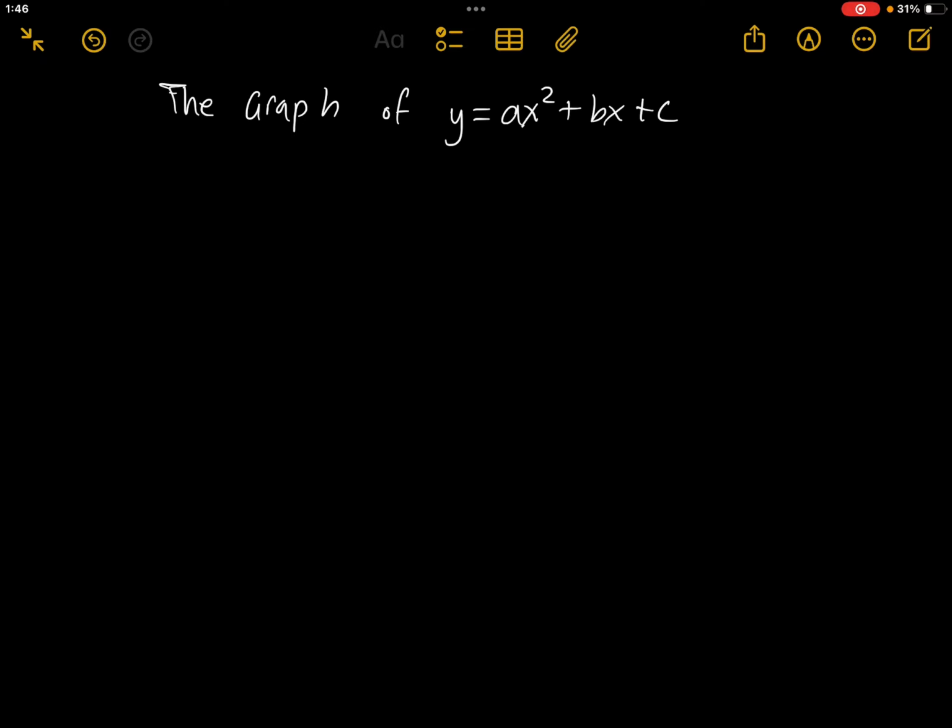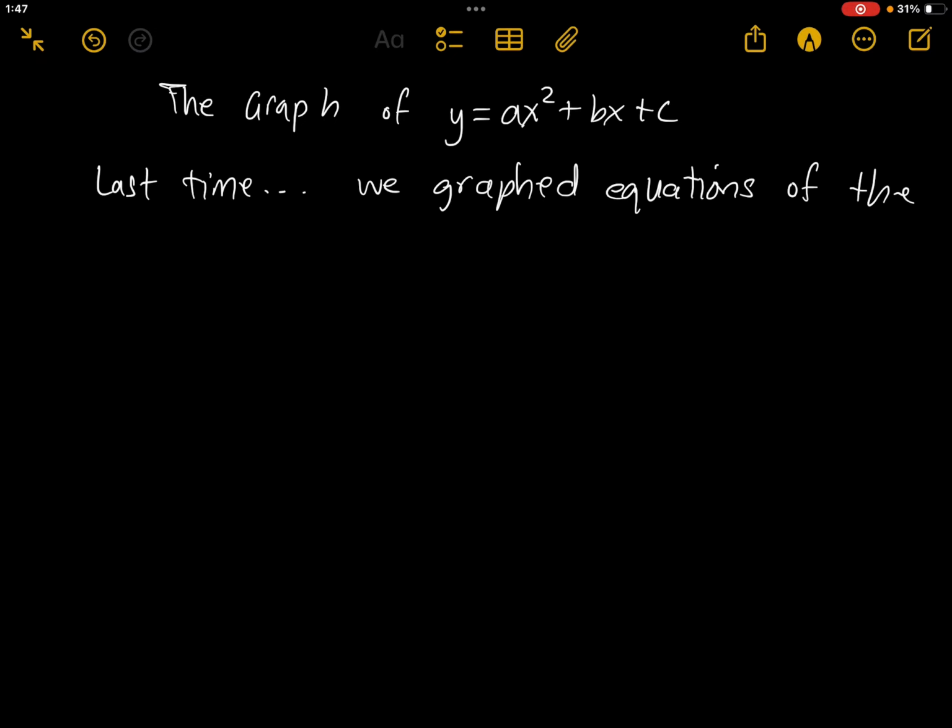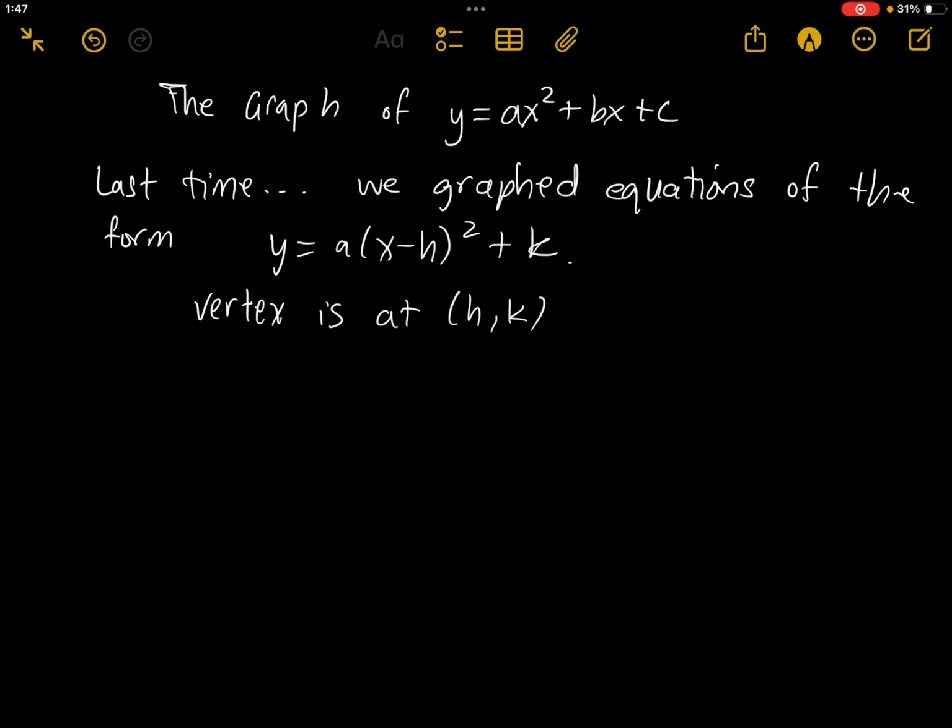So to graph a parabola whose equation is in this form, we've seen that, last time we graphed equations of the form y equals a times x minus h quantity squared plus k, and we saw that the vertex is at h comma k, and the axis of symmetry is the line x equals h.